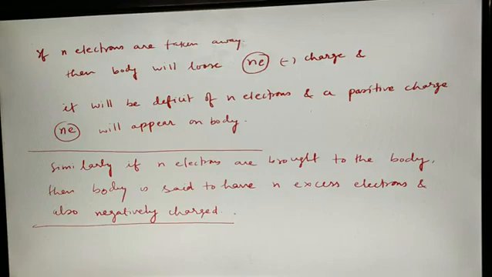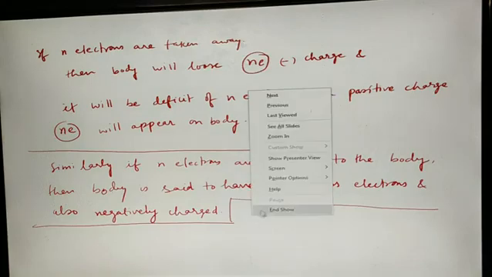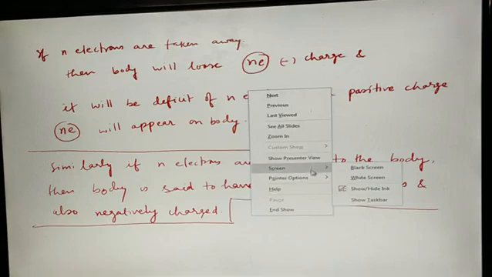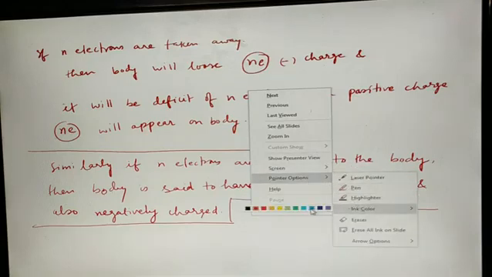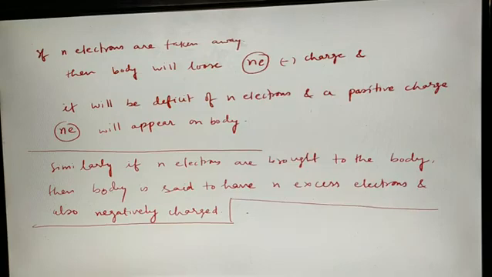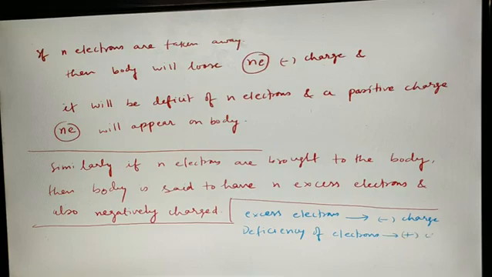So in a nutshell, in simple words, excess electrons means negative charge, deficiency of electrons means positive charge. So these are the main two things we need to remember apart from whatever I have taught.